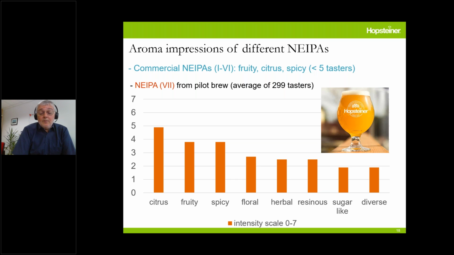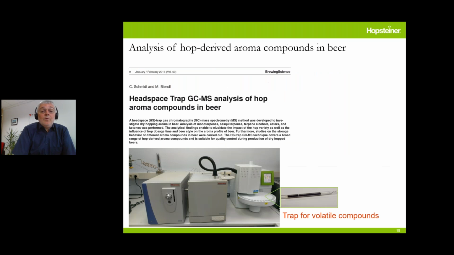So which compounds are responsible for these aroma impressions? Again, only one slide on the analysis. We used a method that we have developed in-house. It's a headspace trap GC-MS method suitable to analyze hop aroma compounds in beer.